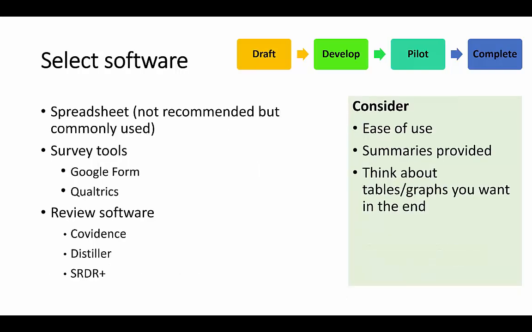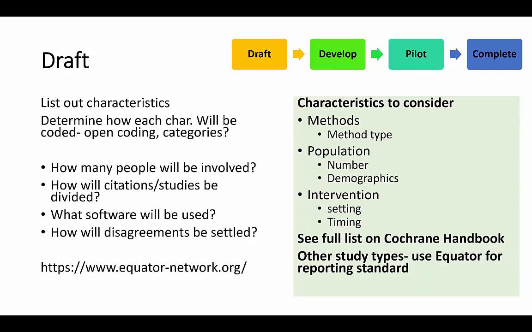So the Equator Network, I thought I had a slide on the Equator Network. Sorry. The Equator Network is an online resource that keeps track of reporting standards. So let's say they're looking at just survey studies or observational studies, different types of studies. You could go in there and find the reporting standard for that type of study, and that would list out the things that you need to include.